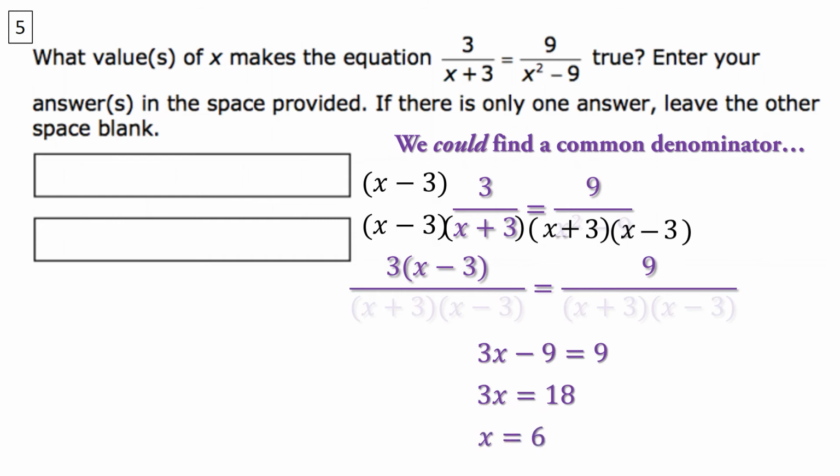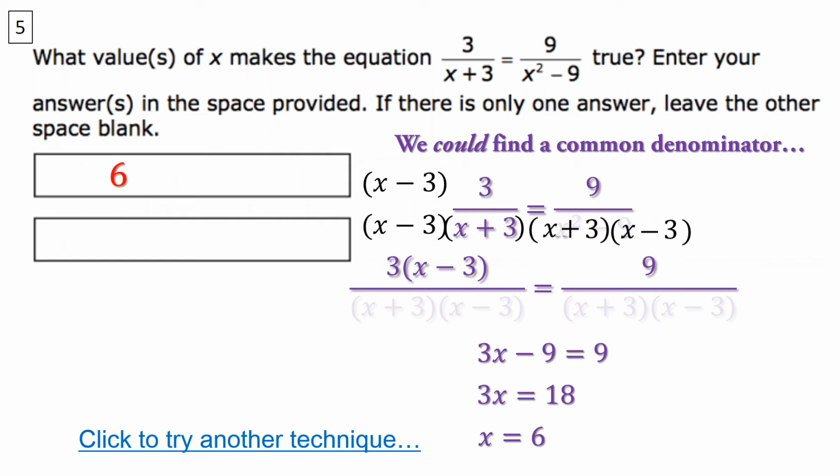Divide both sides by 3. X equals 6. And that's the answer we had before. So we didn't even find, doing it this way, that extraneous solution that we had to throw out. That's the difference between techniques sometimes.